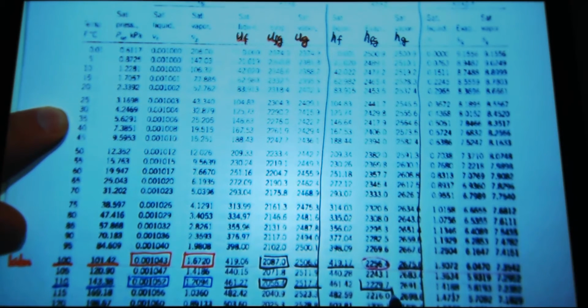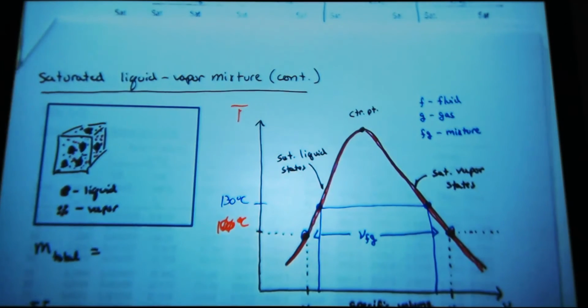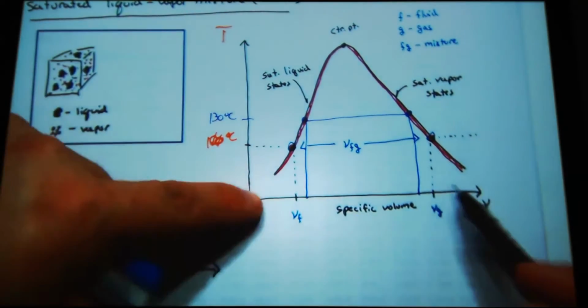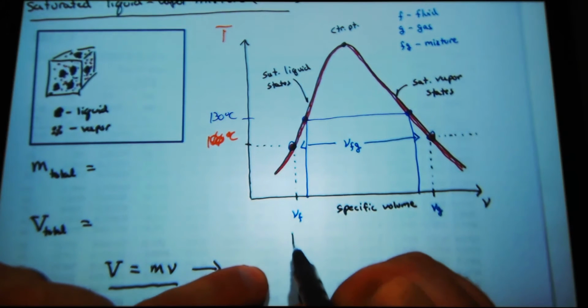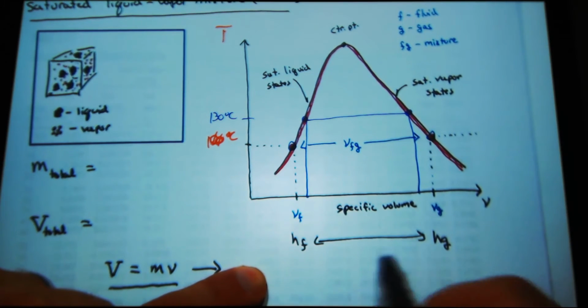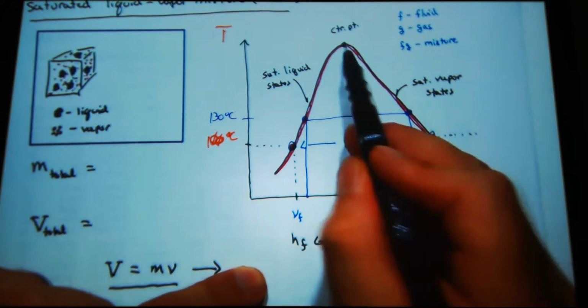And so let's just circle these. And so you see, as I go to higher temperatures, this number decreases. So if I plot T versus H, I have the same type of thing, but then I would have HF, HG, HFG, and HFG would approach 0.